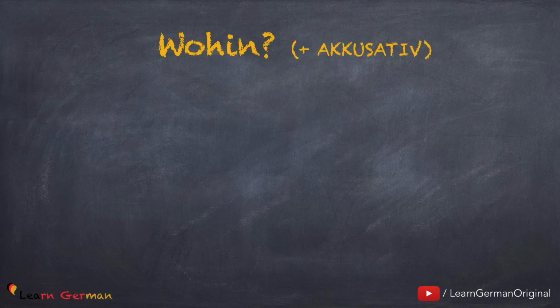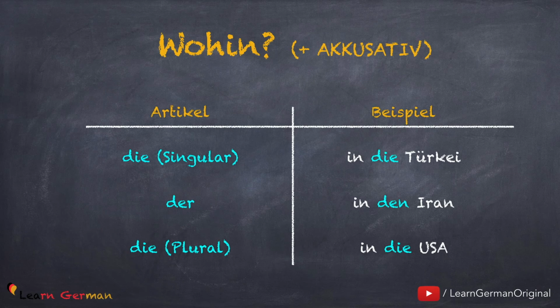Let's see what happens with countries with different articles. You would say in die Türkei, in den Iran, in die USA. Well, as you can see, the preposition in takes the accusative article with the question wohin. If you want to revise the accusative article, you can watch our video on the same. The link is given below.